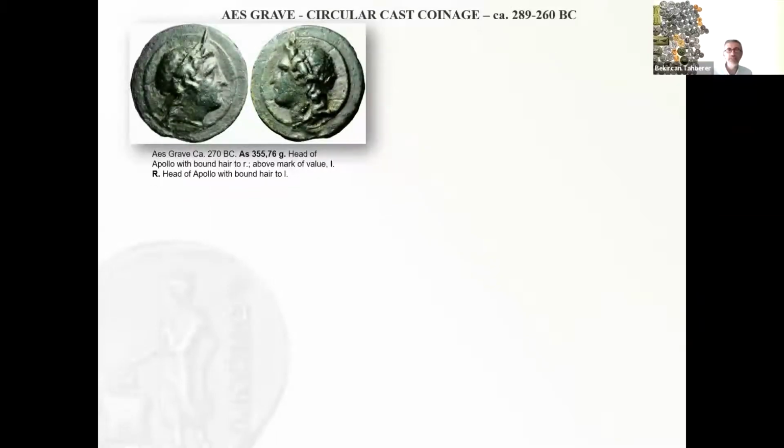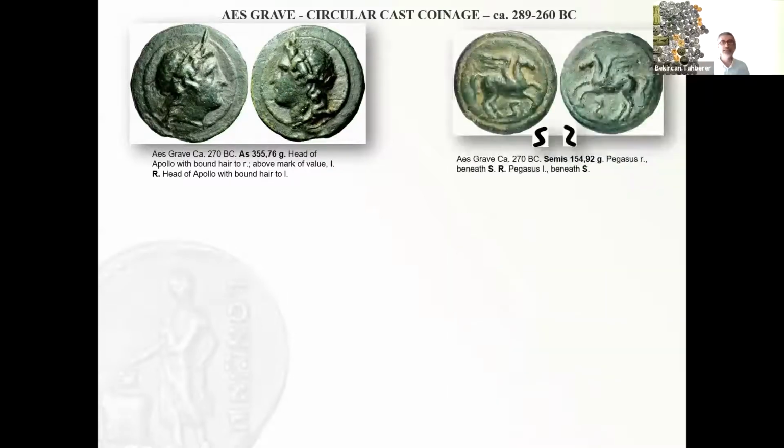During the same time, they also launched this cast round coins. And we don't have any information where these were cast either. Some numismatists would like to believe that they were cast at Rome, but we don't have that information.